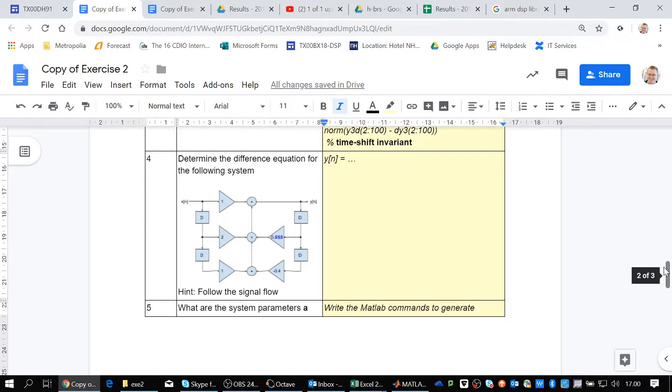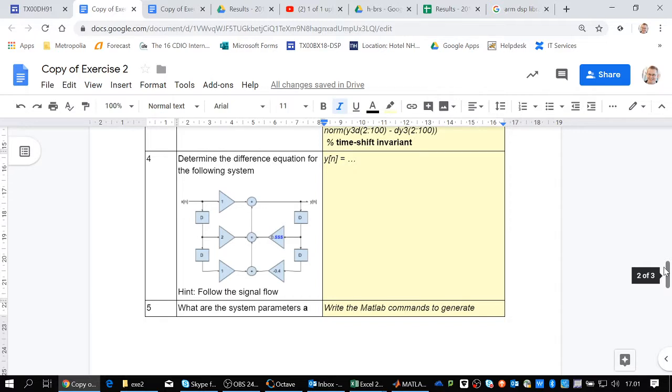So this is x of n minus 2. Here the signal is just simply b0 times x of n. Here we have b1 times x of n minus 1, and so on.